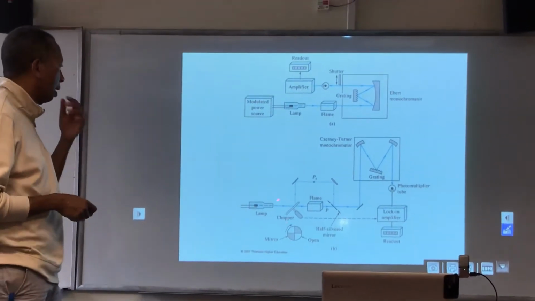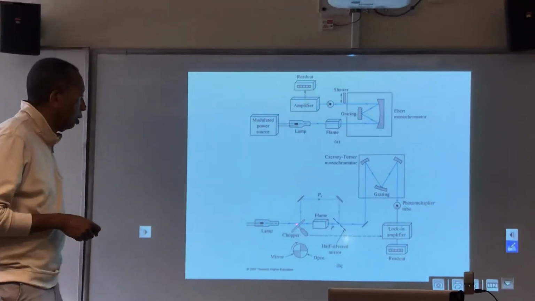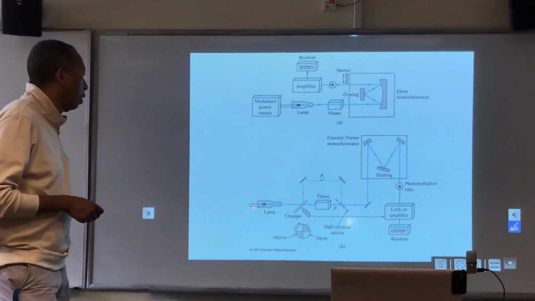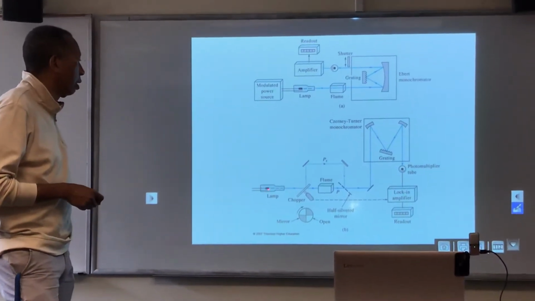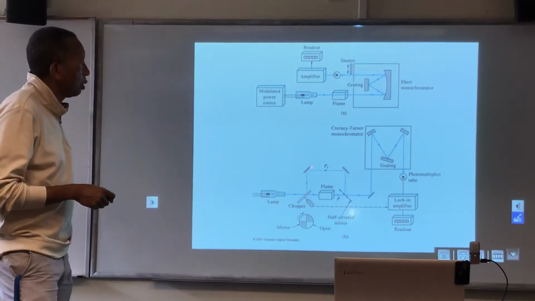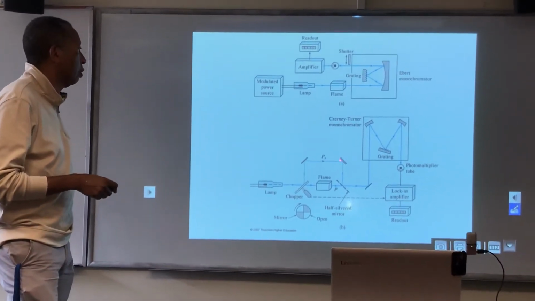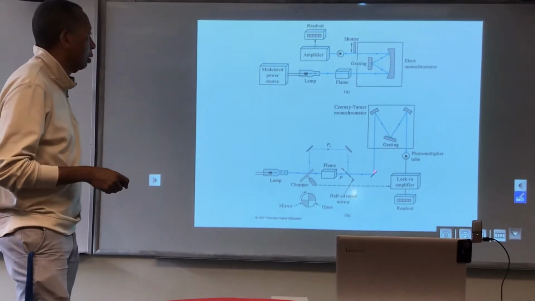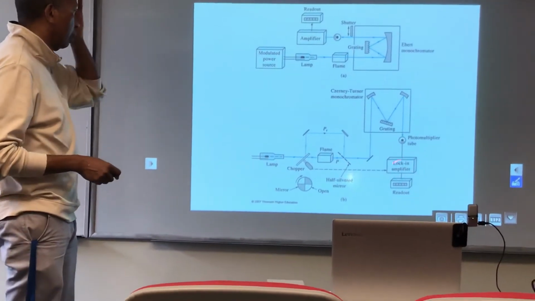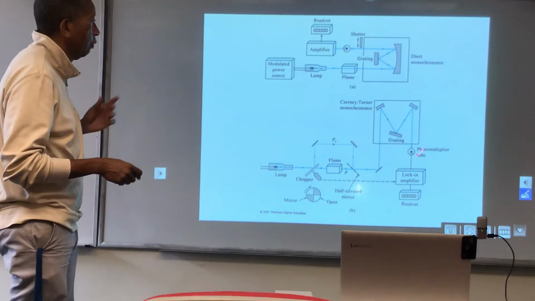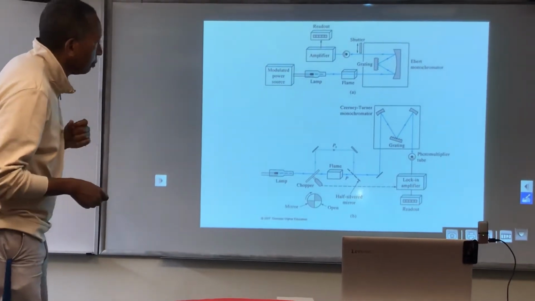So when you have this chopper, what happens is, at one instant, light passes through here, comes out from the lamp, it goes up here to this mirror, it bounces off this mirror, comes down here, goes to the monochromator, and it goes to the detector. It goes to the phototube and then reader.